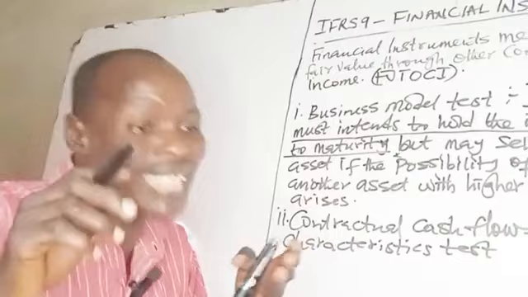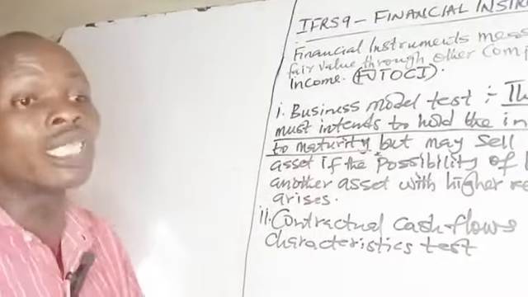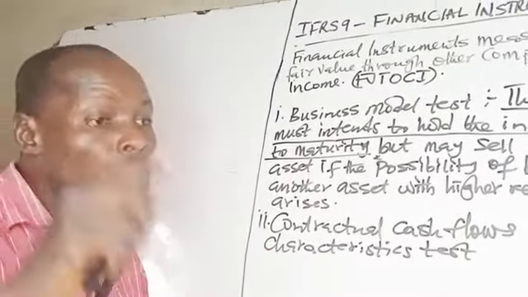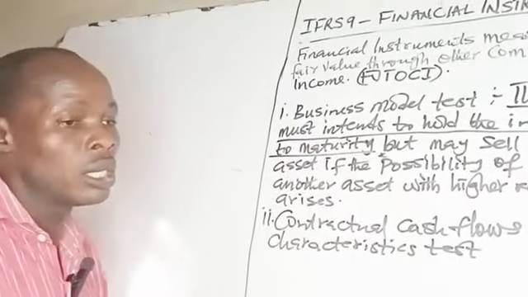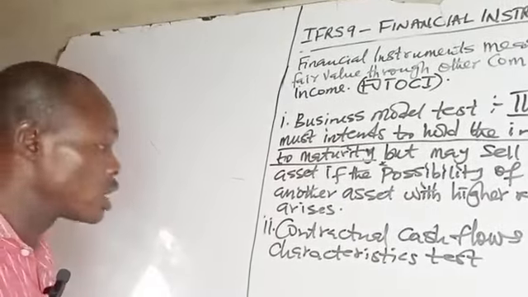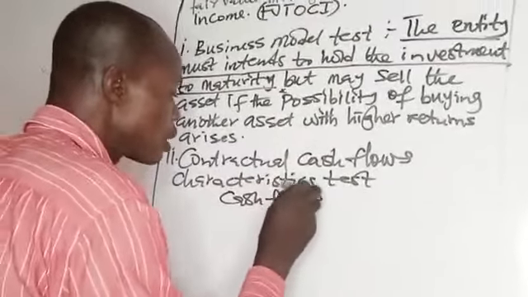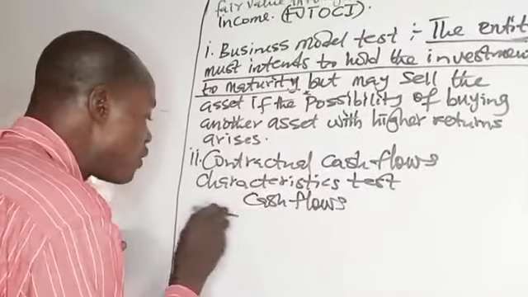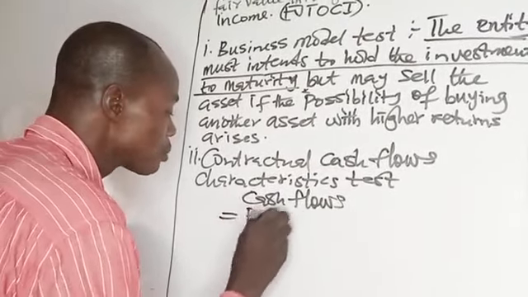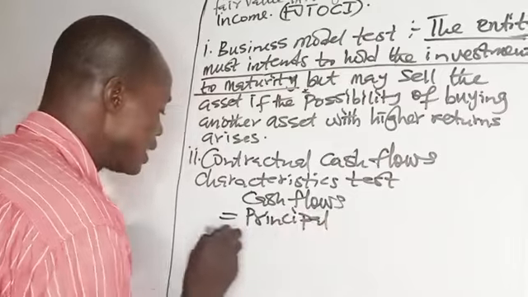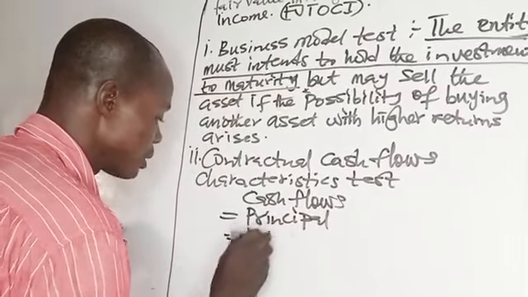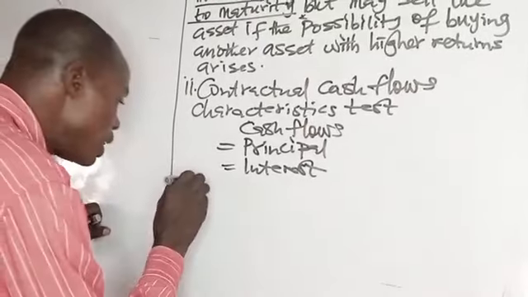The contractual terms of the asset must give rise solely to cash flows that are of principal and interest. The cash flows must solely be of principal and interest.